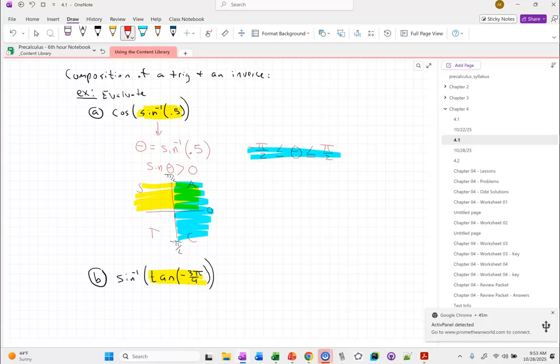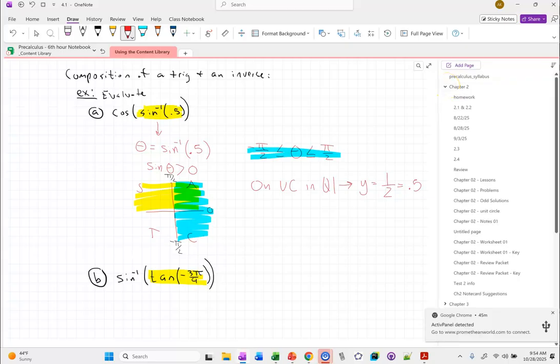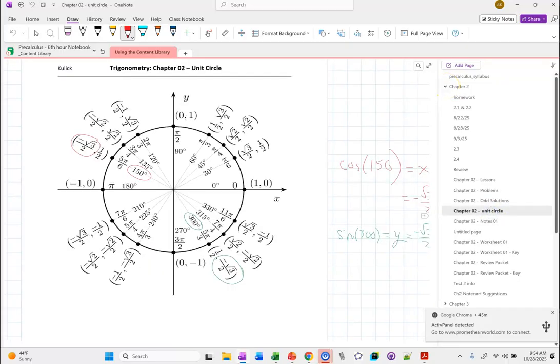Okay, so on the unit circle, in quadrant 1, we're looking for where y is 1/2, because that's the same thing as 0.5, right? If I take out my unit circle, y is 0.5 when it's pi over 6.